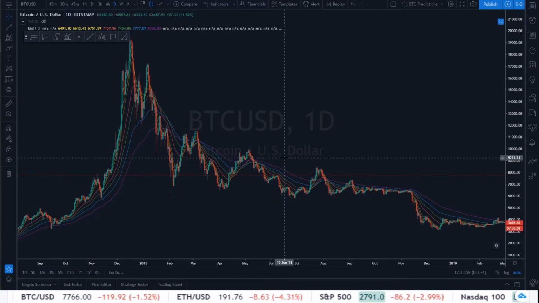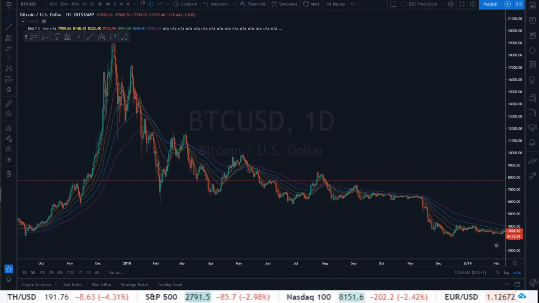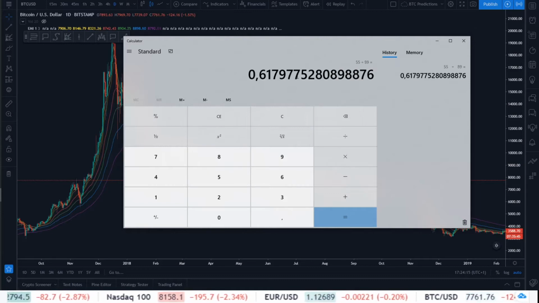But now the golden number, how do we get that? Well, if you actually divide two of this sequence, like let me say 55 divided by 89, look what you get. 0.618.